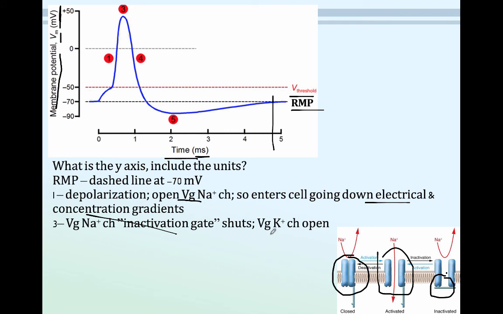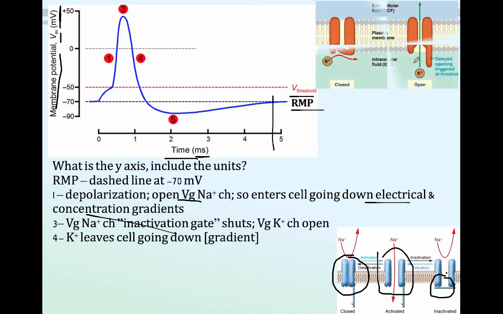But at the same time, the voltage-gated potassium channels now are open. Potassium is leaving the cell, and that's causing the membrane potential to be driven back down towards negative 70. But you can see that, in fact, the potassium is leaving so fast that we tend to overshoot here. And here you can see that at the same time that we open up the voltage-gated sodium channels, we open up the voltage-gated potassium channels.